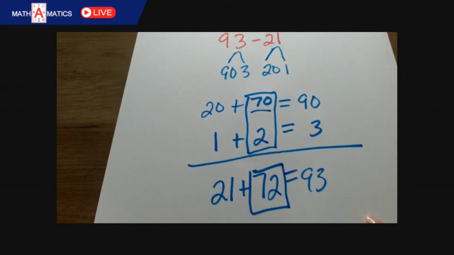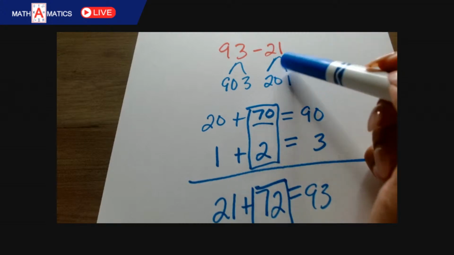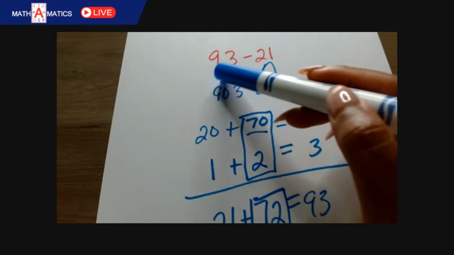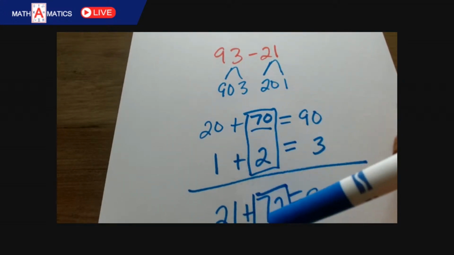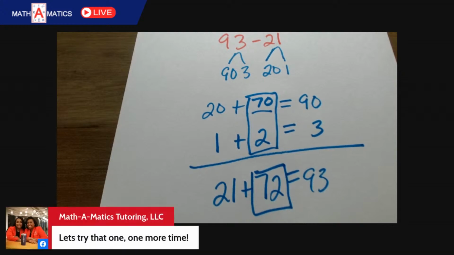And I'm going to show that to you. This is actually how you're using breaking apart with the addition. You broke that 21 down and you're trying to build up to your 90. And these are the two things that equal to get that to your 90. And that's how you do it using subtraction. I know that's a lot, which can be confusing.